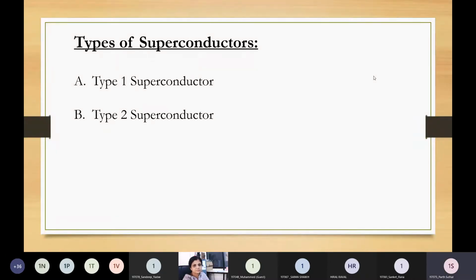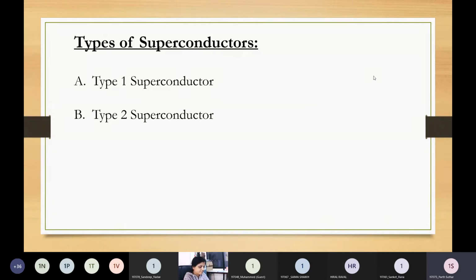Till now, any doubts? Okay, so before moving to types of superconductor, there is one another factor which is called effect of impurity. So what happens when we add some impurity in superconductor? As we have seen in magnetic field and electric field, by doing any changes, the superconducting property vanishes.